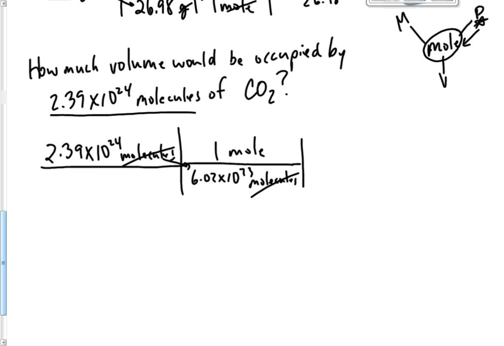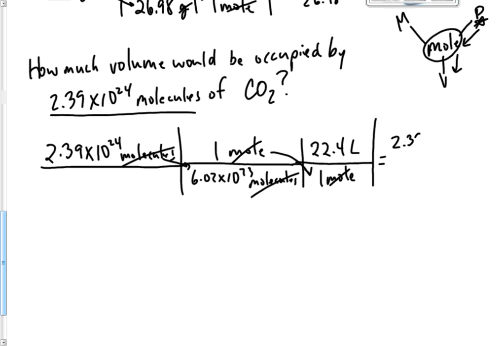So now we're here at the mole, and we need to go down to volume. We have put our mole down here, and the conversion factor is 22.4 liters per mole. So our moles divide out, and we're left with liters, and that's what we want.